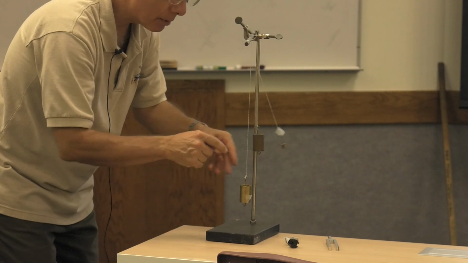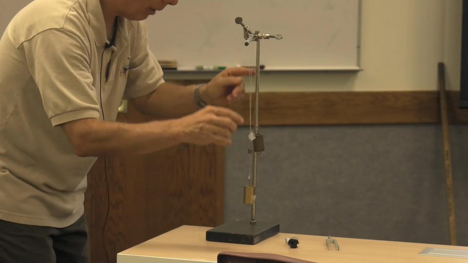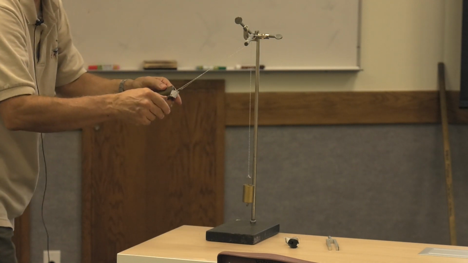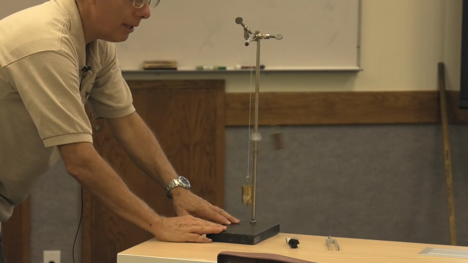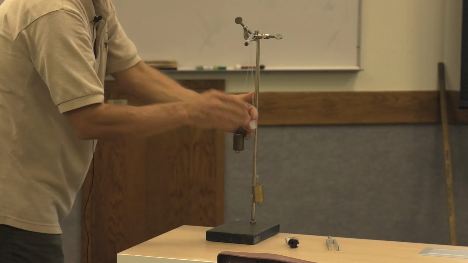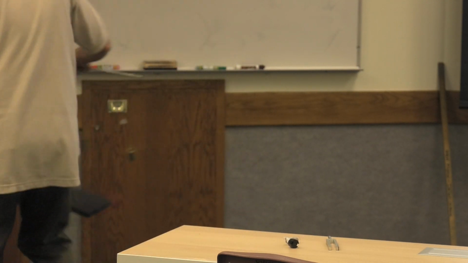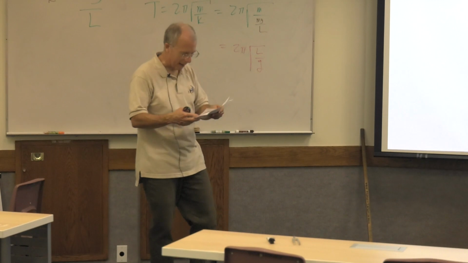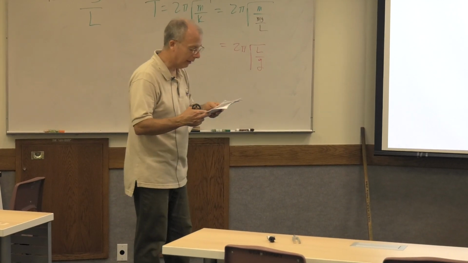So 200 grams, 10 grams, but pretty much the same length of the string, right? So watch. What do you say? Same period, right? So what do you know? The formula works. This is one of these surprising things. Again, most people think it would include a mass, but it doesn't.